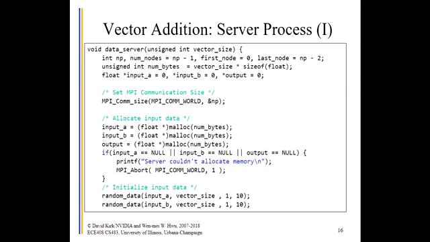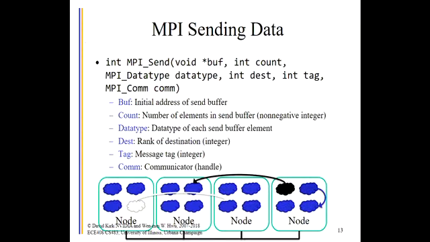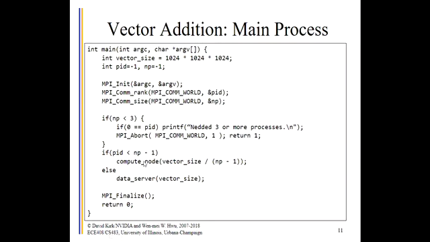In fact, we're going to see some of that in the example. Let's say we already have the vector addition example. This is the function that the data server will be calling. Remember, after we did this initialization, each process is going to execute this piece of code.